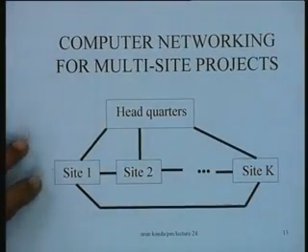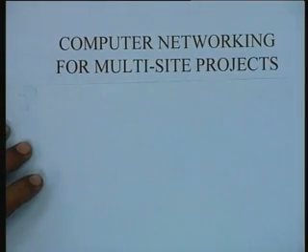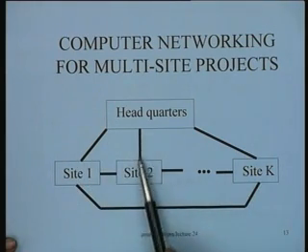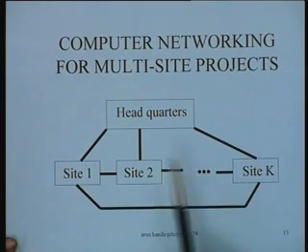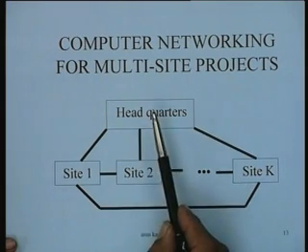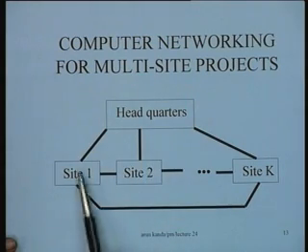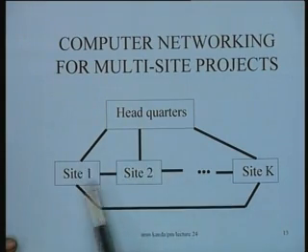But another important thing that is happening in terms of the recent trends is this kind of computer networking for multi-site projects. You see, most projects are invariably done at different sites. First site, second site and site K. And because of computer networking, all these things are connected on a computer network. So really speaking, the kind of thing that I was referring to, that some project planning is being done here, and these projects are either independently developing plans and so on and communicating and then ultimately getting the whole information.